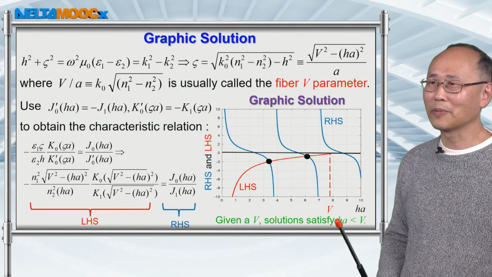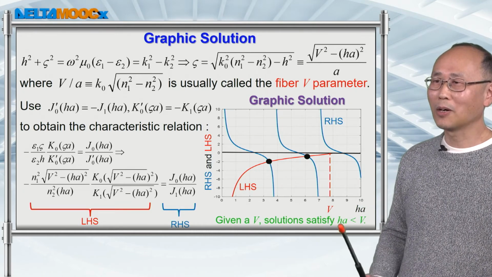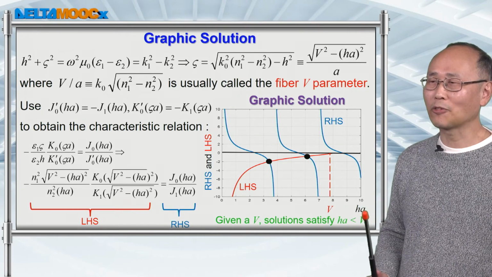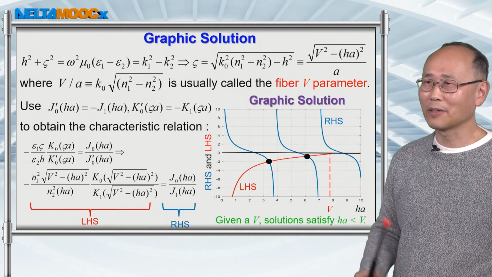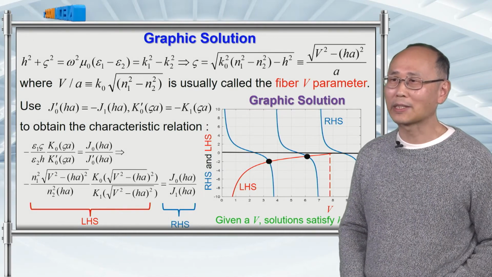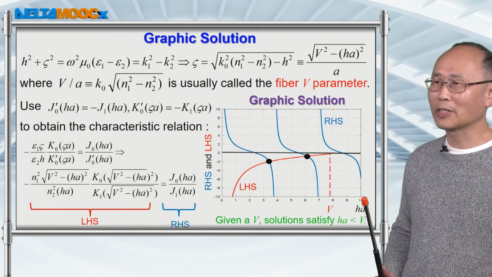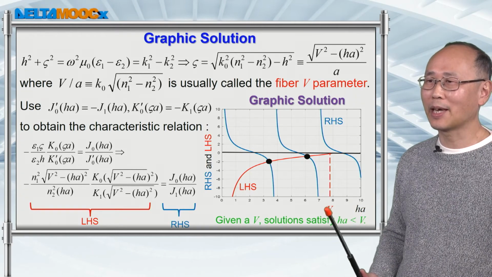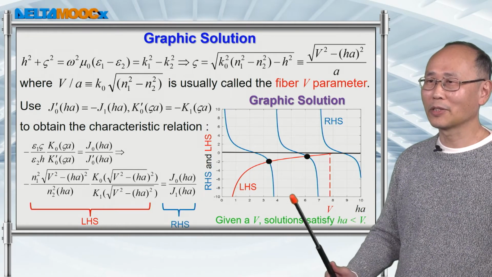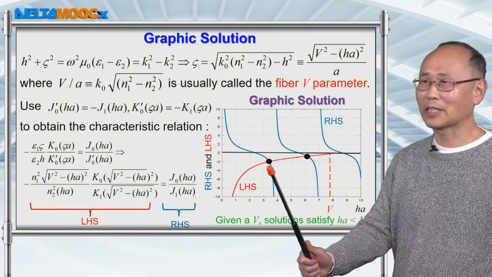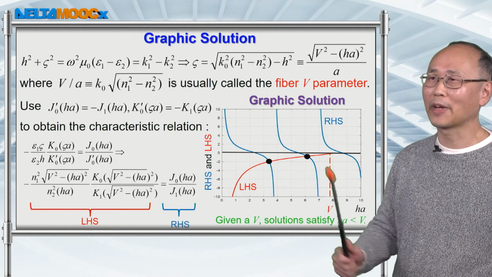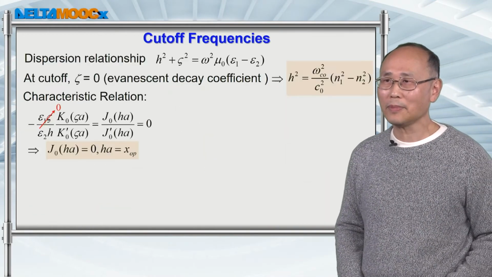So the fiber V parameter tells you where the h value is valid for a propagating mode inside the waveguide. In general, this ha value has to be less than V so that you have an intercepting point between this red curve and the blue curves.